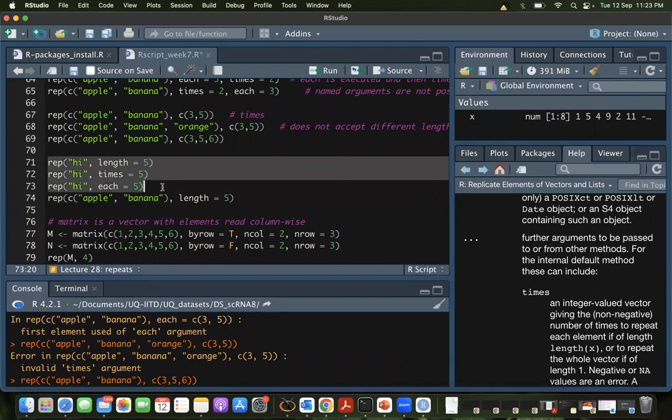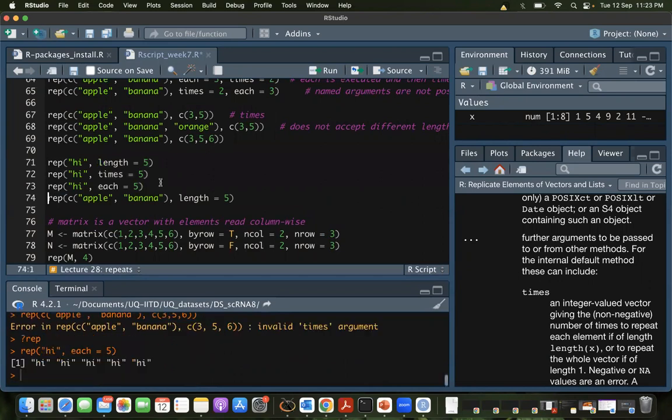So you've seen each. In case of a single element, times and each are going to behave the same way, because it doesn't make a difference. And length also gives you the same thing.